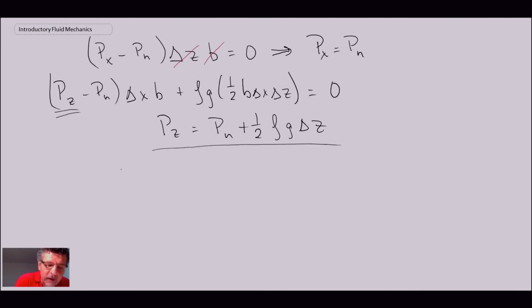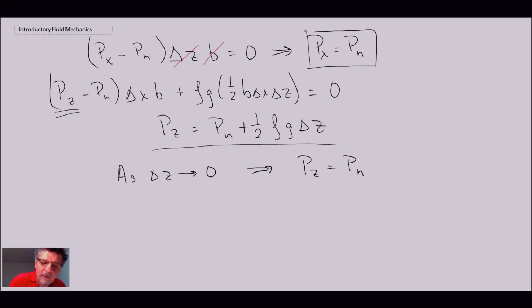Now what I'm going to do, I'm going to assume that our fluid wedge becomes infinitesimally small. So I'm going to write as delta Z goes to 0, we can then write that Pz is equal to Pn. So that is similar to what we had for Px is equal to Pn. And consequently what we can write is that Px is equal to Pn is equal to Pz. And what does that tell us?